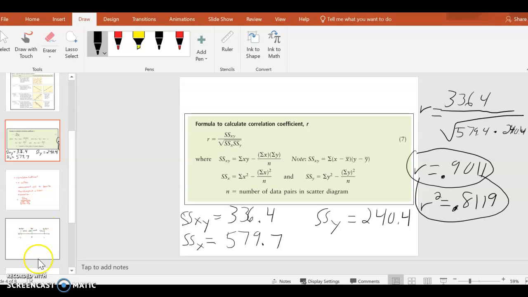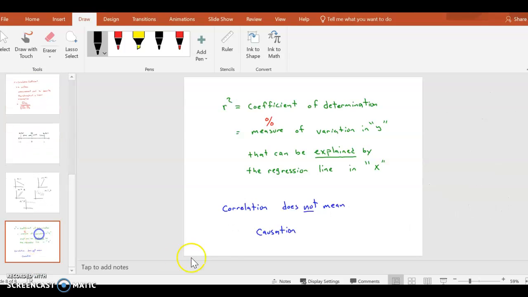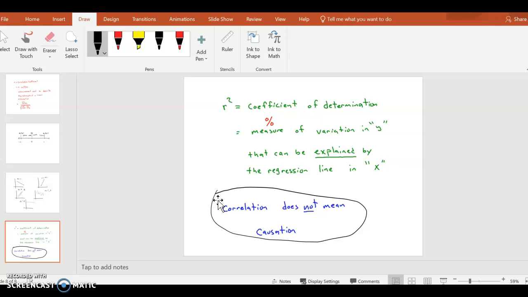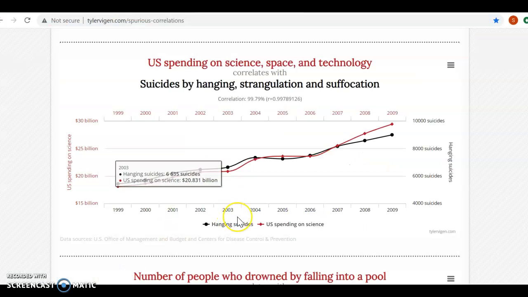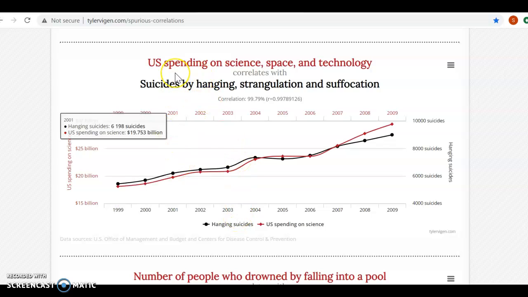Last thing that we want to talk about, there's another slide here. It mentions correlation does not mean causation. There's a little website to help demonstrate that. So here are two variables: the amount that the U.S. spends on science, space, and technology, and the number of suicides by hanging.